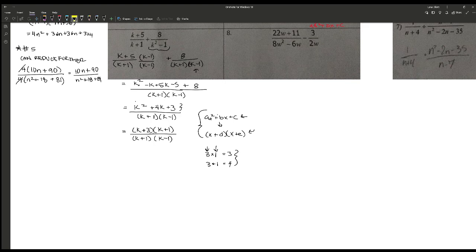Right now, we have k plus 1 in the numerator and k plus 1 in the denominator. This means that we can cancel these out, because k plus 1 over k plus 1 is equal to 1. So our final reduced fraction is going to be k plus 3 divided by k minus 1.